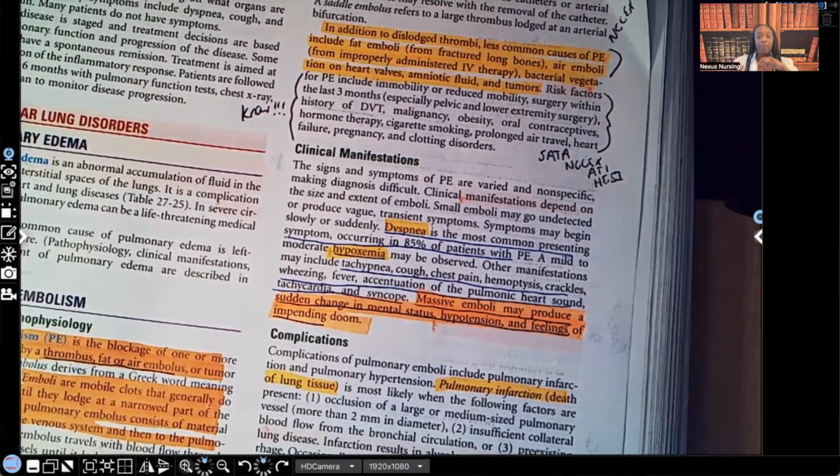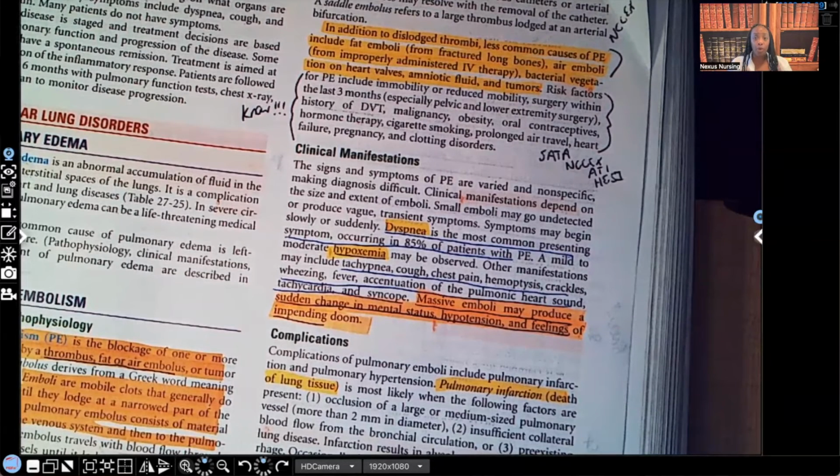Okay. So causes of pulmonary embolism: fat emboli, especially from fractured long bones; air emboli, this is also important, from improperly administered IV therapy; bacterial vegetation on heart valves. Let's talk about that. Whenever you have a foreign body placed in your body, so a patient has surgery and they get something placed into their heart, guess what?